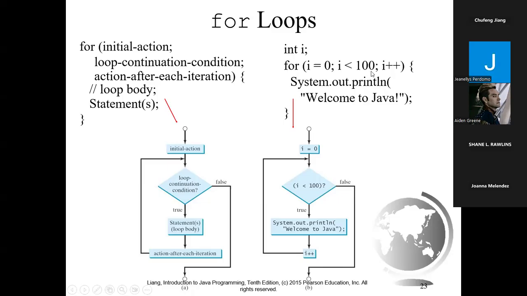That means each time we finish executing this round of the code, in this case each time the program outputs Welcome to Java, i will increment by 1. After that, it will go back to the loop body to execute another time.